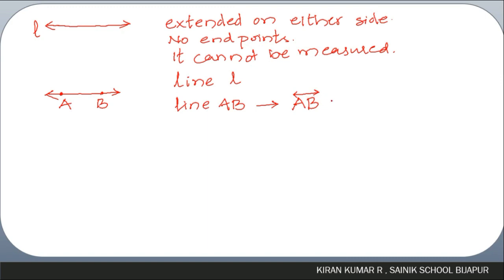It is read as line AB. This is all about the line. What you must understand is a line cannot be measured as it has no definite length.